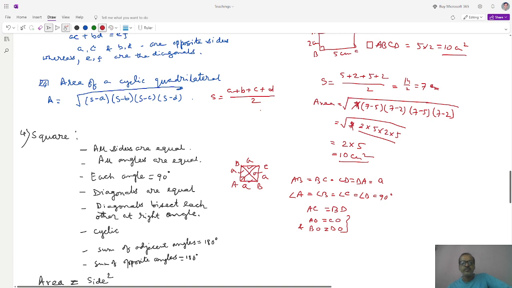And also here is an additional feature. Diagonals intersect each other at a right angle.